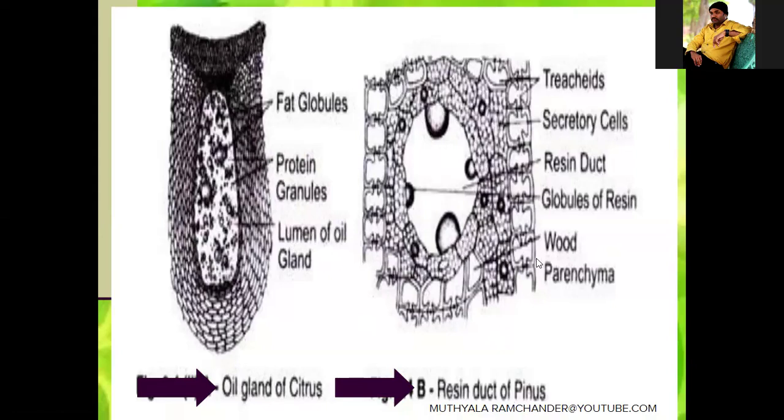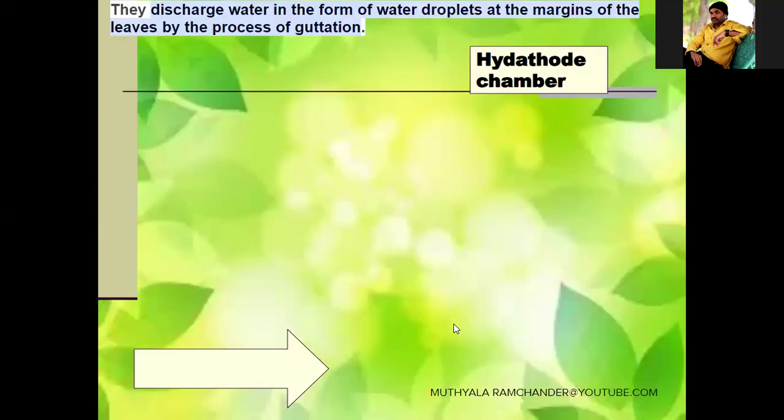Around the epithelial cells, wood parenchyma, the resin duct covered by secretory cells, and tracheids. Inside the resin duct, globules of resin are present. This gland or cavity is called a schizogenous cavity, present in Pinus resin ducts.